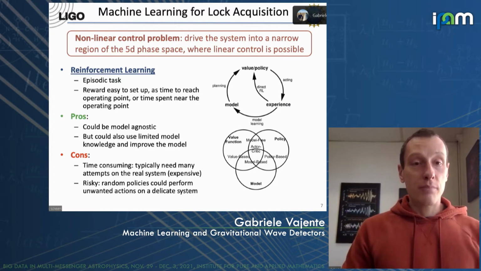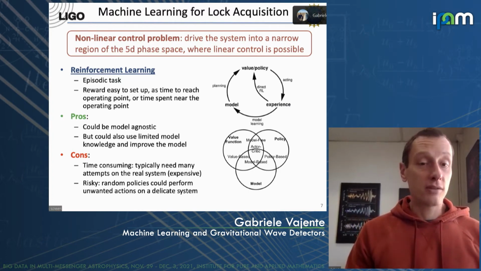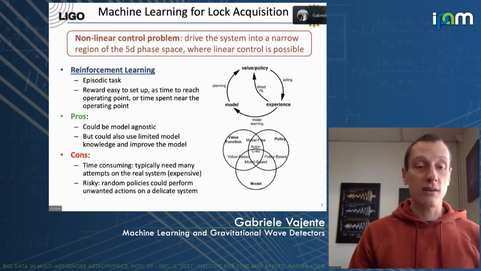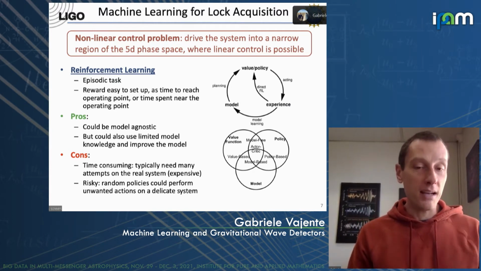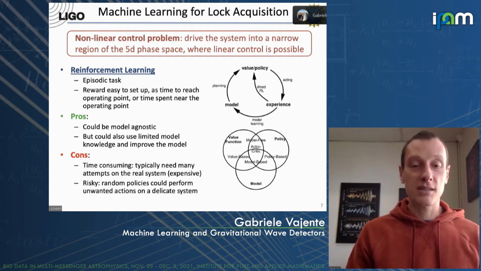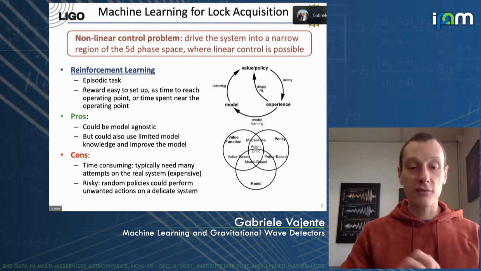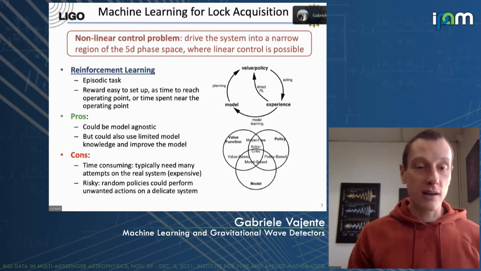The con of this approach is that it's extremely time-consuming, because typically you need many, many attempts on a real system to learn. By many, I mean millions. The typical number of times a reinforcement learning agent has to play with your system is of the order of millions.